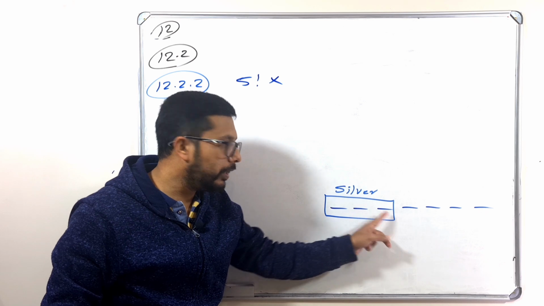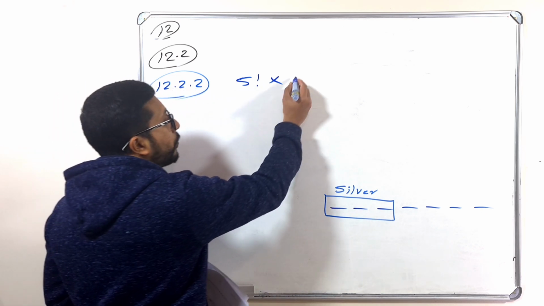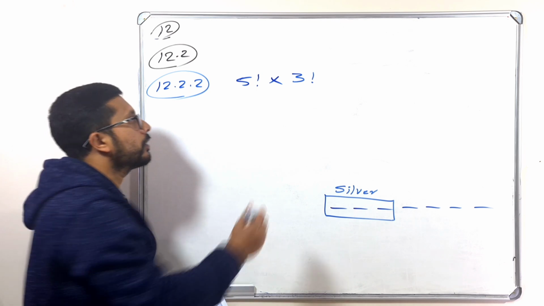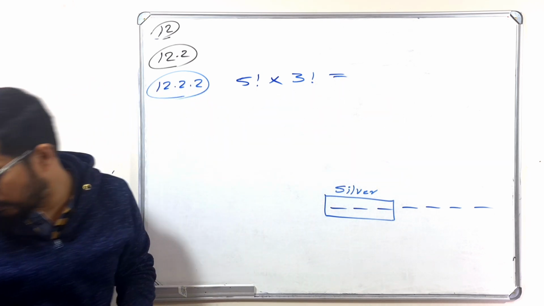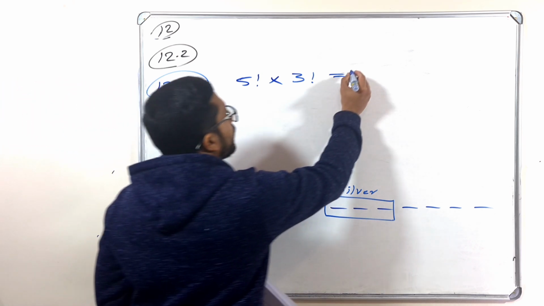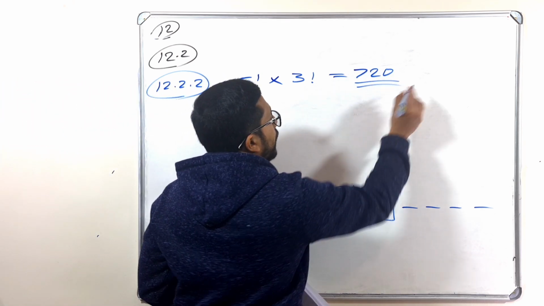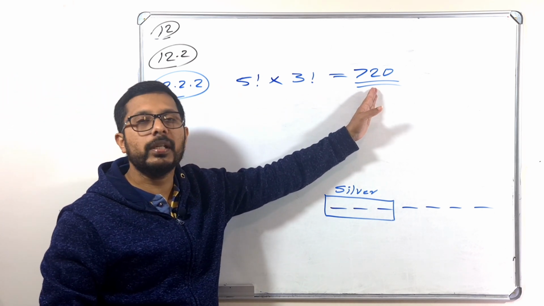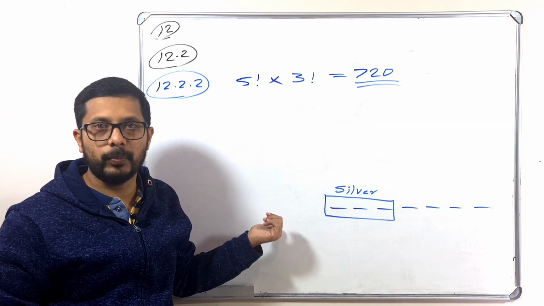That is 3 factorial. That means 5 factorial times 3 factorial. That's all. Check in your calculator what the answer is. 5 factorial times 3 factorial is 720. That means as per that condition, there are 720 different ways they can park.